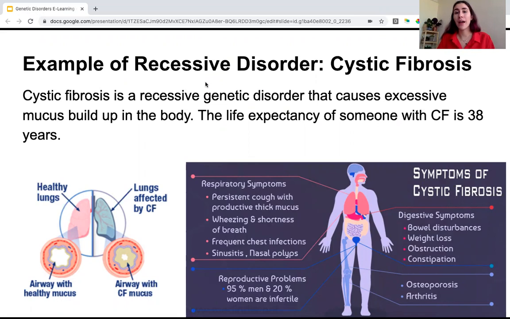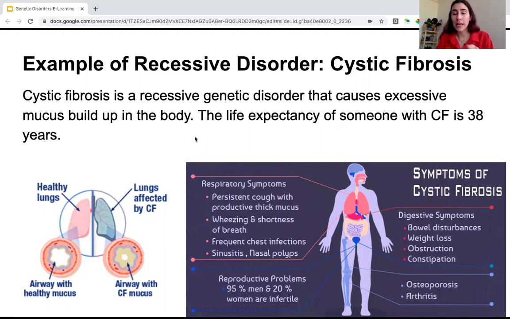Around age 38 is the life expectancy, because this disease is so serious and severe, and it affects the respiratory system. It ends up having the body build way too much mucus, and it ends up clogging the airways. Eventually, the person basically suffocates, and they can no longer survive.